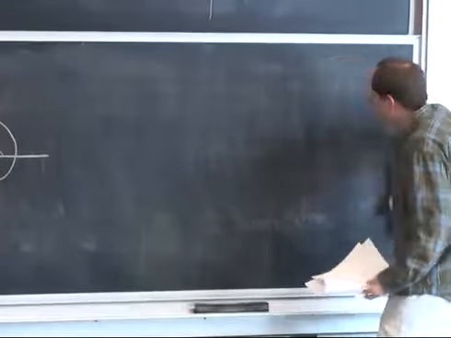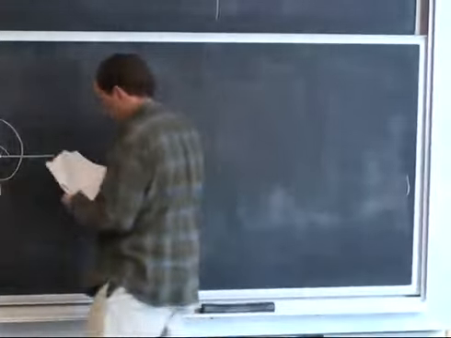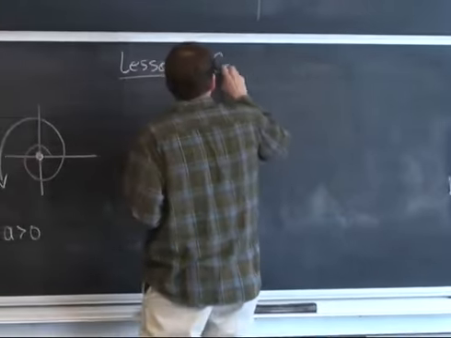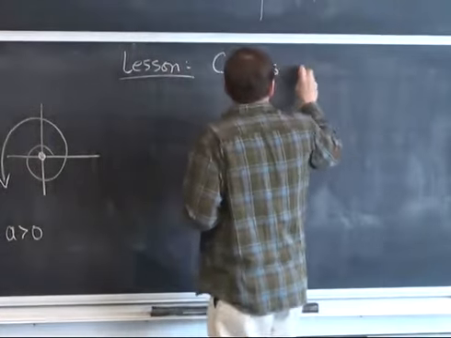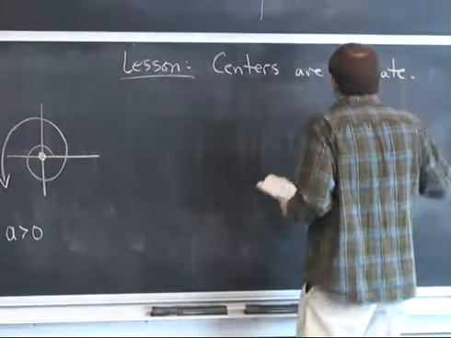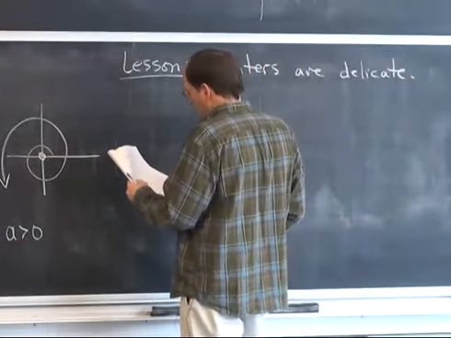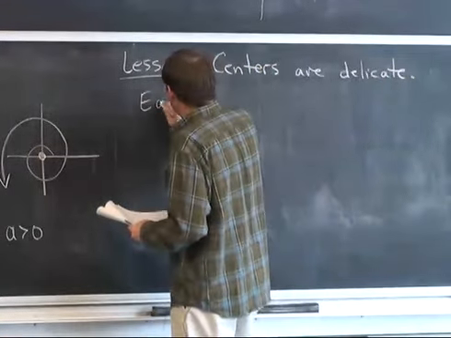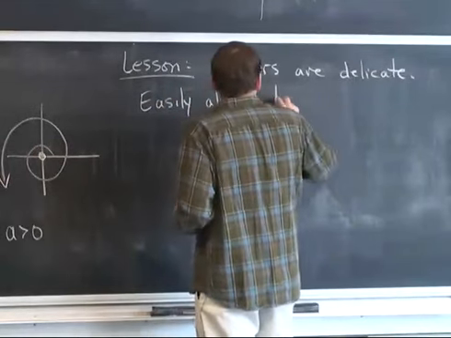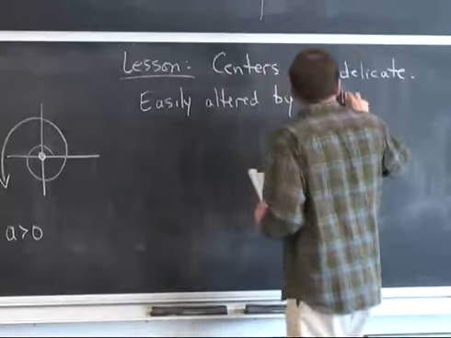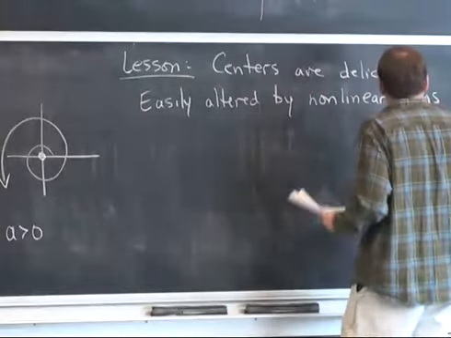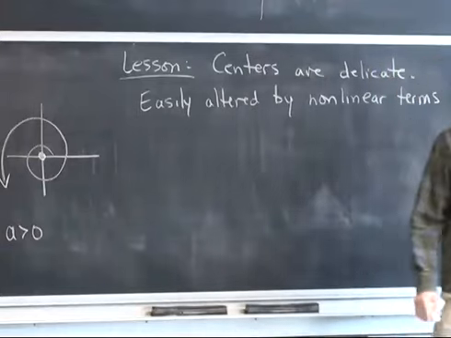And you can kind of understand why they're so delicate. That is, they're delicate in the sense that they're easily altered by nonlinear terms. Even very tiny nonlinear terms.